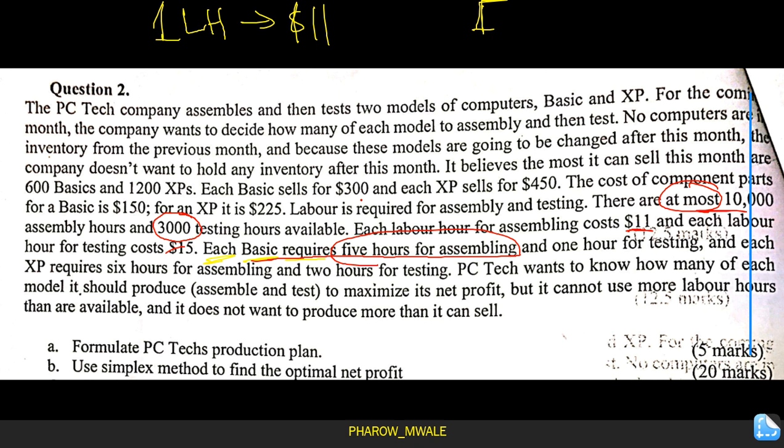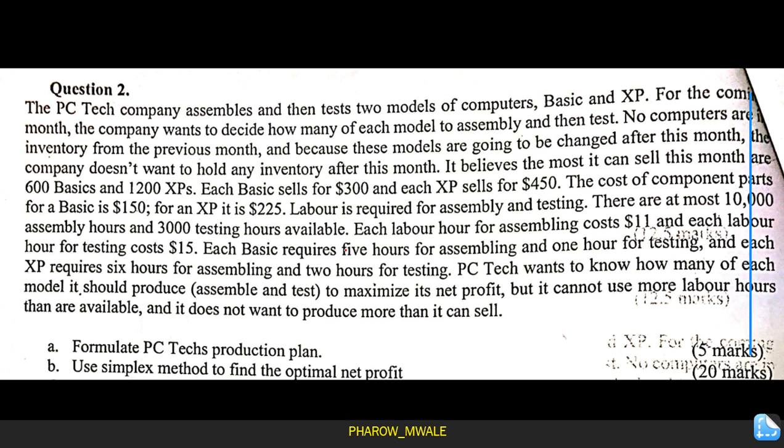Now each labor hour, we have said for assembling costs 11, and each labor hour for testing costs $15. Now the key is here. One basic computer requires 5 hours for assembling and 1 hour for testing. Now here is the trick to answering these questions.